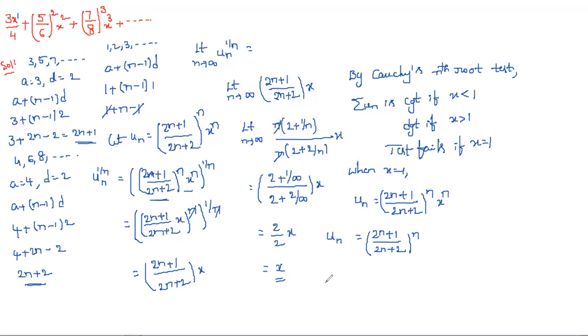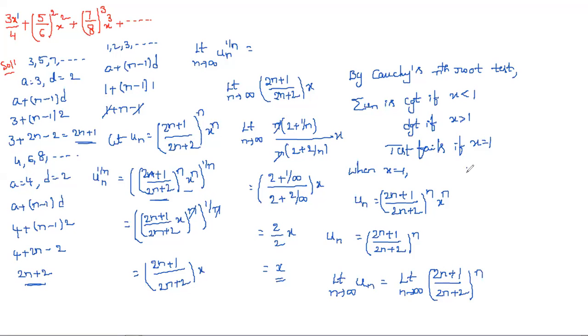So for that you can apply limit n tends to infinity of un, which is limit n tends to infinity of (2n plus 1 by 2n plus 2) whole power n. Directly we should not substitute the limit, because if you substitute n as infinity we get infinity by infinity, an indeterminate form.